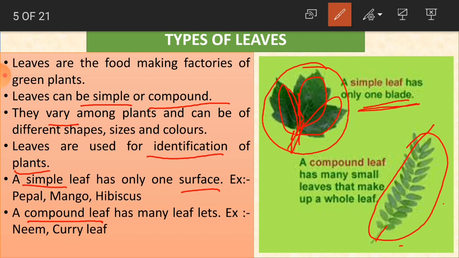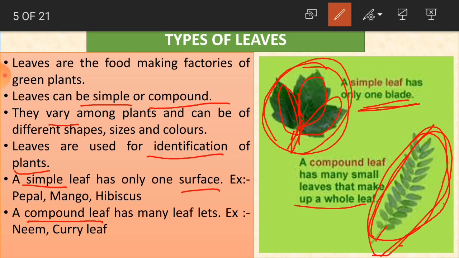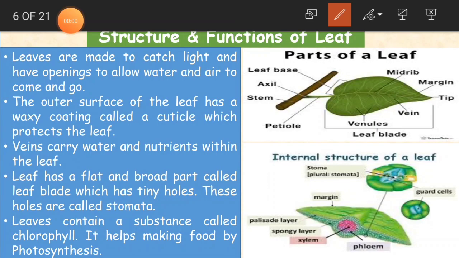A compound leaf has many small leaves that make up a whole leaf. This total part comes under one leaf only, whereas this is also one leaf, but with a single surface. Here we have so many leaflets for one surface. Okay, children, clear? Yes, children.